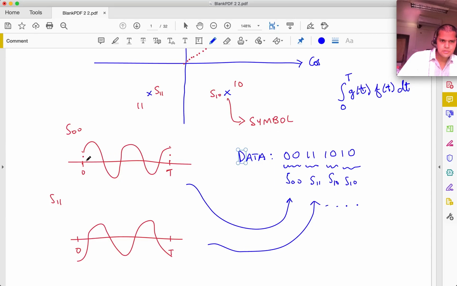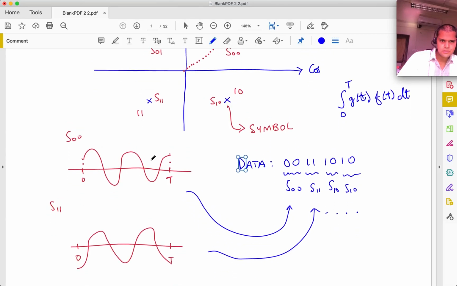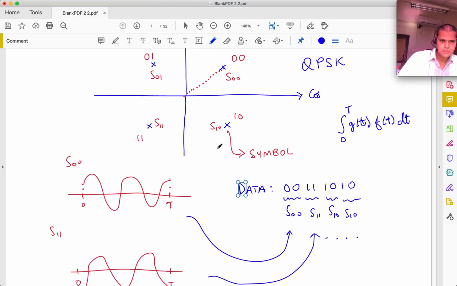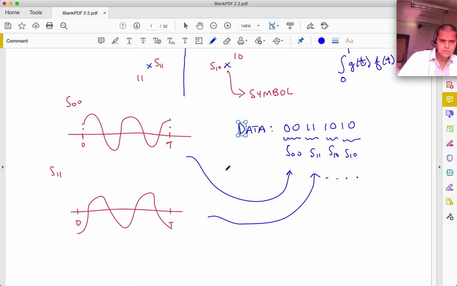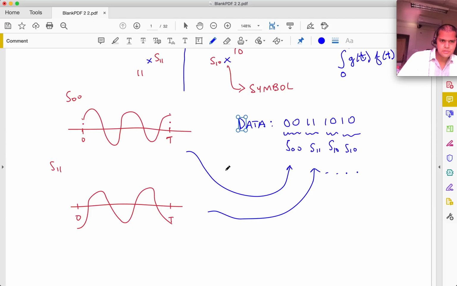So the receiver needs to know fairly precisely where each symbol starts, so that it can actually try to guess what was sent. Okay, so we said that the signals that are sent out get attenuated, they may face reflections and so on, and also noise gets added. Okay, so it's a very tricky thing to find out what exactly was transmitted.